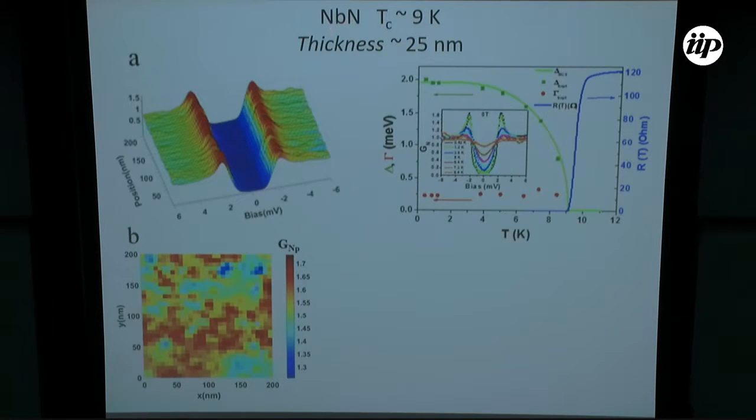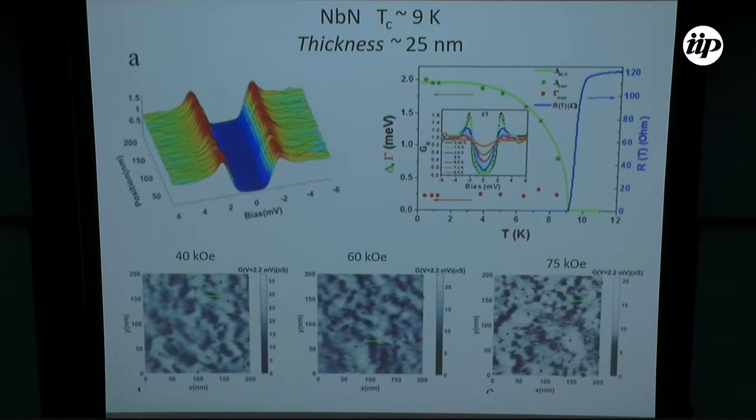I take this sample now, which is 9 Kelvin TC. Here you don't have a pseudogap, however, you have some variation in the coherence peak heights. So the superconducting order parameter is not completely uniform. And I look at the mixed state.